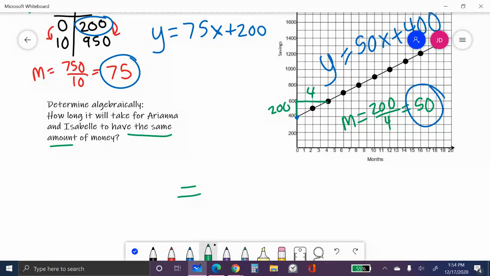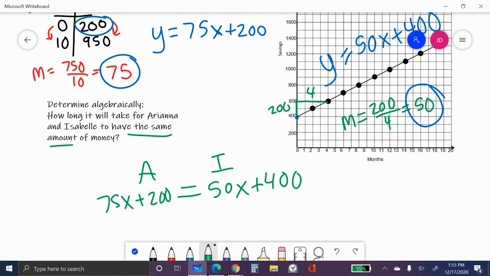I want to see when Ariana and Isabel have the same amount of money. So we have 75x plus 200. We want to see when that is the same as 50x plus 400. So basically, we're solving this system using, you got it, substitution.